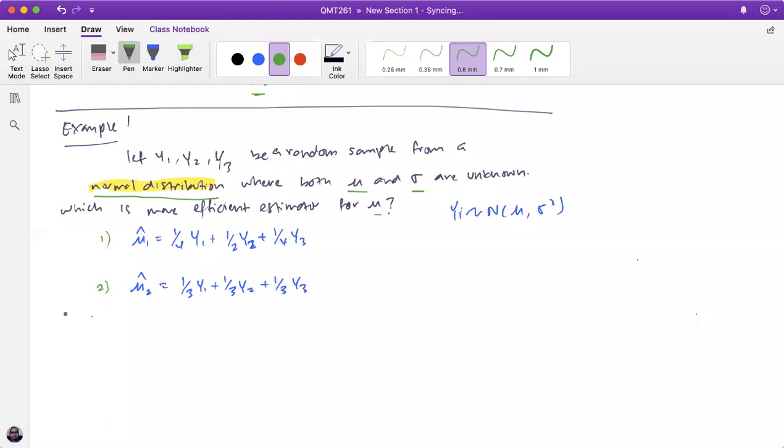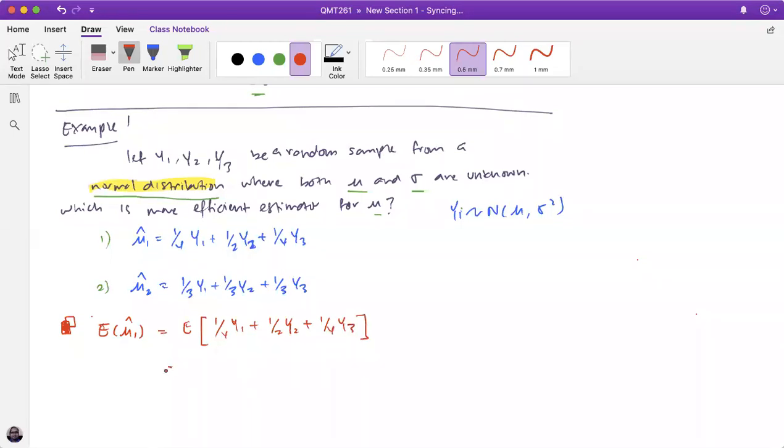Right. So to answer this question, first what we need to do is to check the unbiasedness of each estimator. So expected of mu1 hat is equal to expected of 1/4 y1 plus 1/2 y2 plus 1/4 y3.